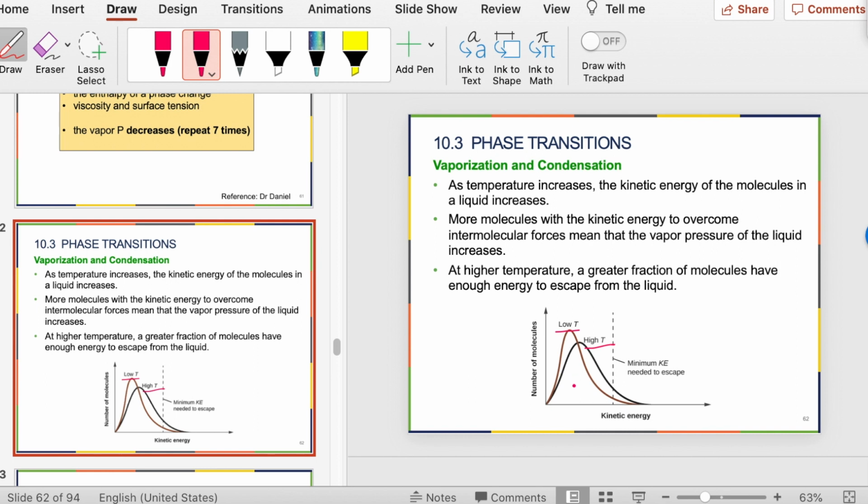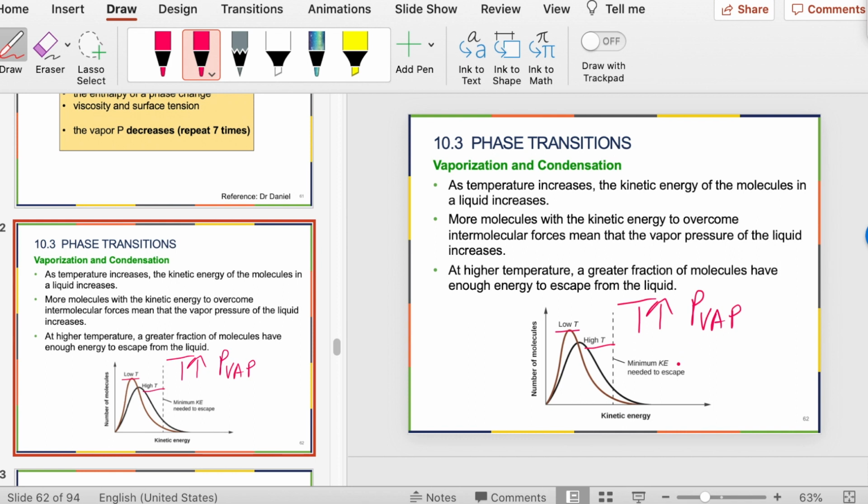That represents the number of molecules. But at high temperature, you've got more molecules with more energy. So this dotted line represents the energy needed to escape the liquid. And you've got more molecules at high temperature that can escape. So as temperature goes up, the vapor pressure is going to go up.